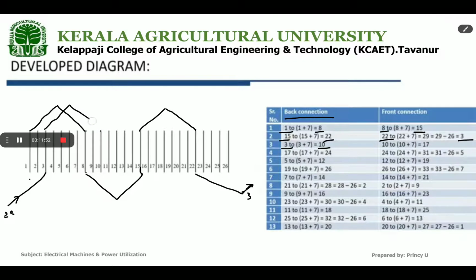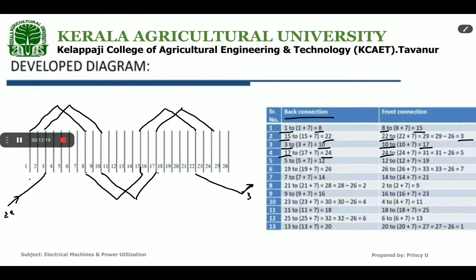Now from 10, as a wave, 10 to 17. Then from 17 to 24, back connection on the upper side, 17 to 24.